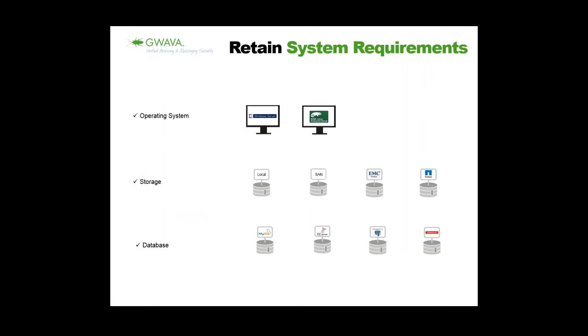That can be local storage, a storage attached network, or it can be an EMC Centera, or it can be NetApp with SnapLock, so we support WORM devices as well. As a database, we support MySQL, MS SQL, PostgreSQL, and Oracle to hold the metadata of the messages for search purposes and so on.